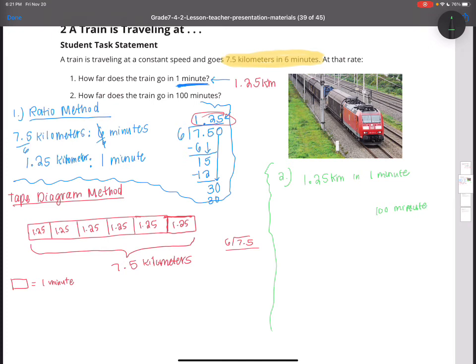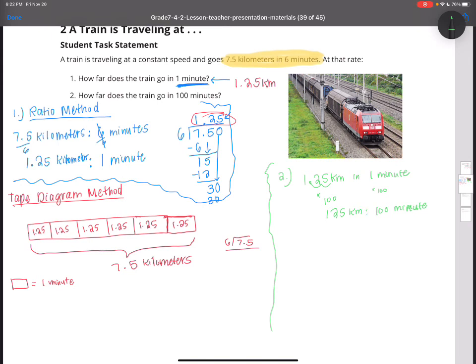What can I multiply 1 by to get to 100? If you guess 100, 1 times 100 to get to 100, that is absolutely correct. So you can multiply both sides by 100. Now, if you're familiar with multiplying 100 times any decimal value, you'll know that the decimal will slide back twice, which will give me 125 kilometers.